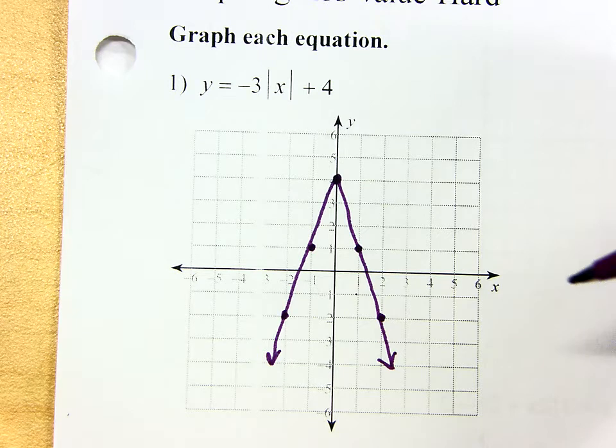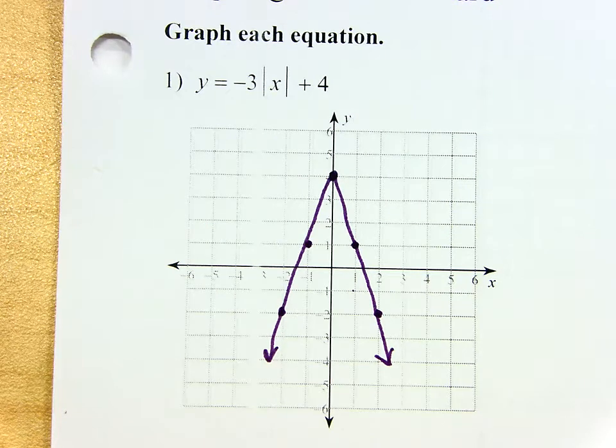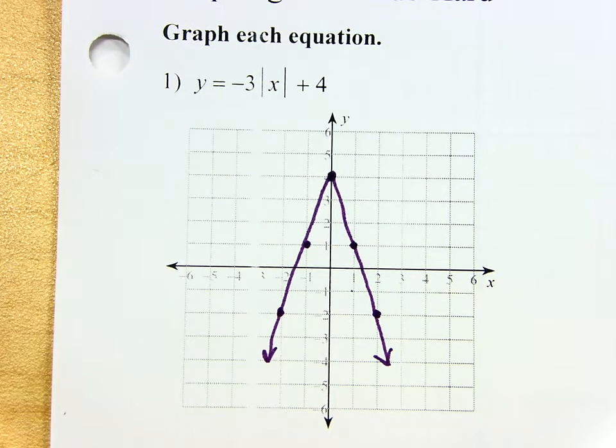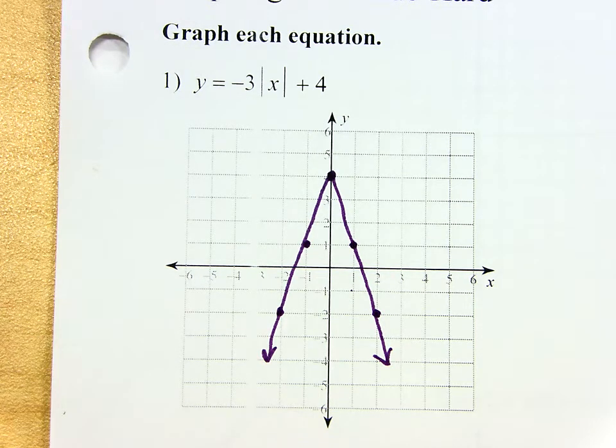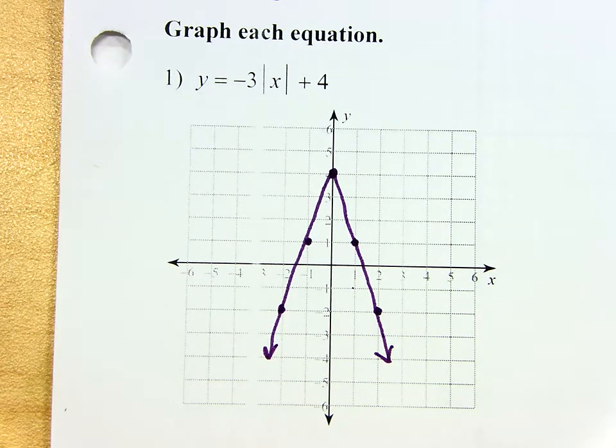What did changing the value of A do to the graph? What is making A negative do to the graph? You're right, the value of A is going to change the width. So if you have a positive A value, your V is going to be upright. If A is negative, what's going to happen? It's upside down.